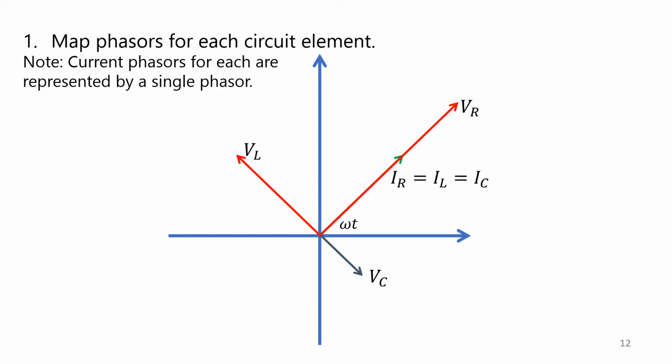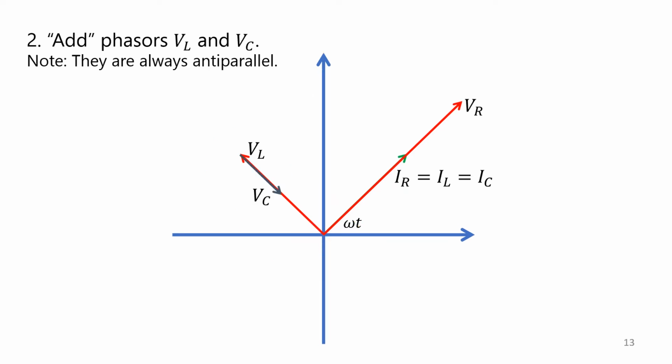This means that VL is greater than VC, and that the VC vector is shorter than the VL vector. Since VL and VC phasors are aligned, we can simplify the phasor analysis by considering their difference, VL minus VC. So what we're going to do here is convert this from two vectors to one vector in the next slide.